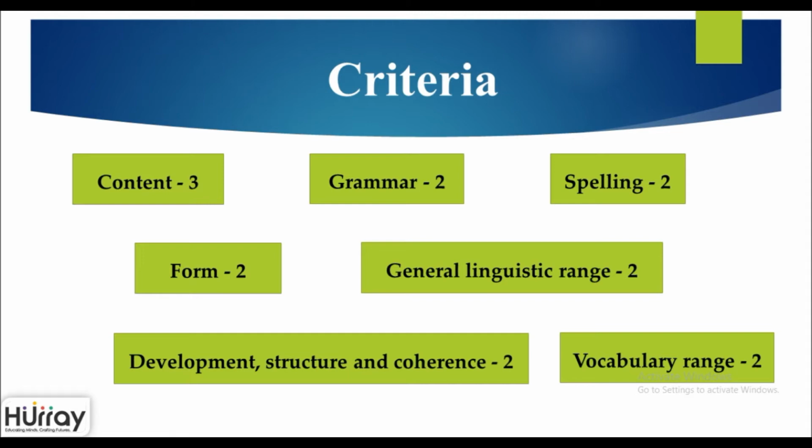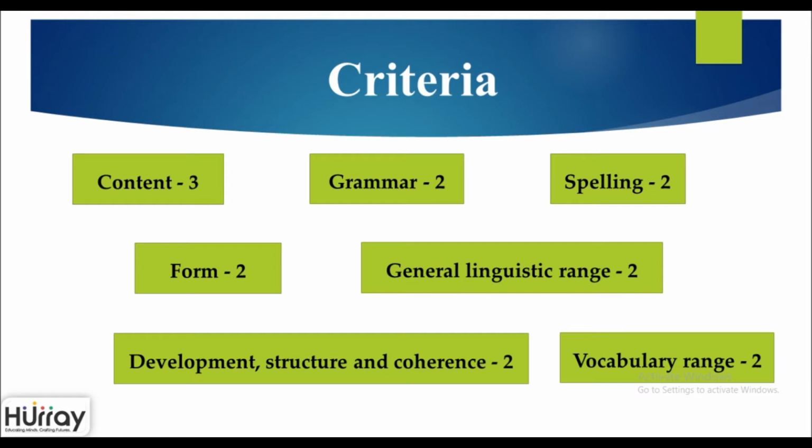The next criteria is spelling. In essay writing, in fact in any kind of writing, spelling is extremely important. Incorrect spellings will definitely affect your overall score. You will definitely lose marks. Finally, vocabulary range. This determines the level at which you stand in terms of vocabulary.